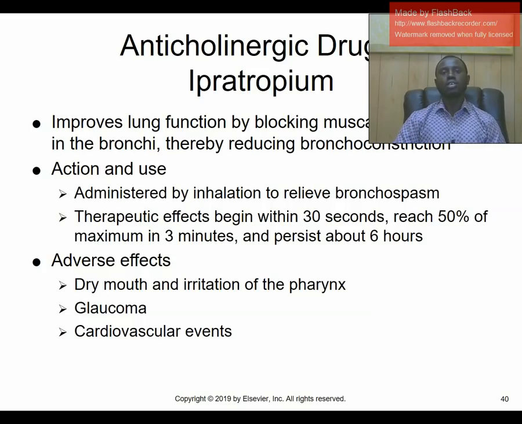These include your ipratropium or Atrovent. You have the Spiriva, and also you have the other forms which are not commonly used, but they are all available on the market. But the ones that you will see commonly are your Atrovent and Spiriva.